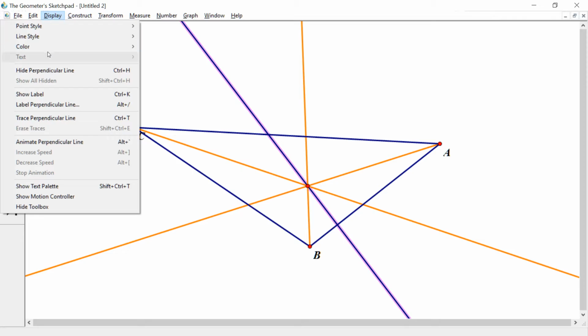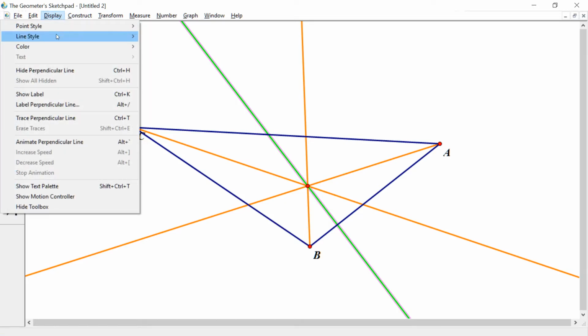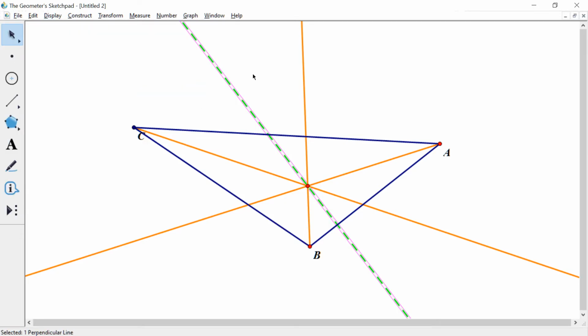Change this color to green, and tell you what, we'll even make it dashed. Little dash of perpendicular lines. Bam! Just like that. And now let's construct the others. Perpendicular line. Ooh, yes, lovely. And construct perpendicular line.